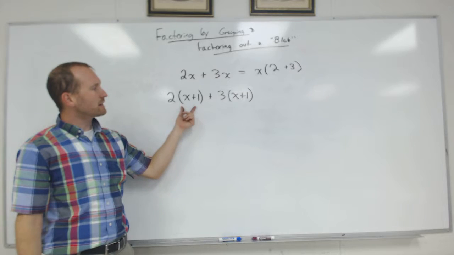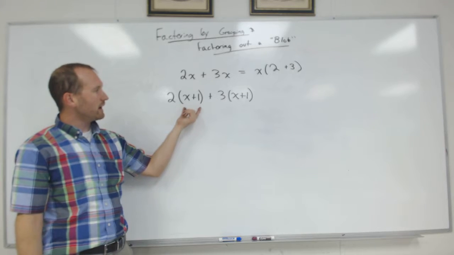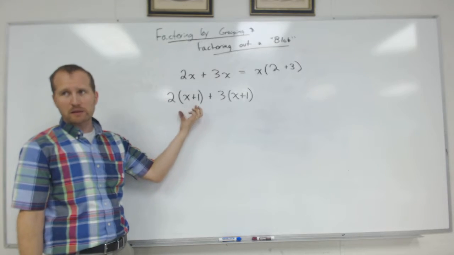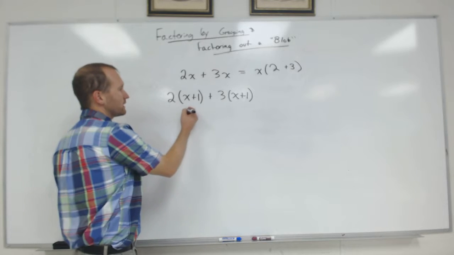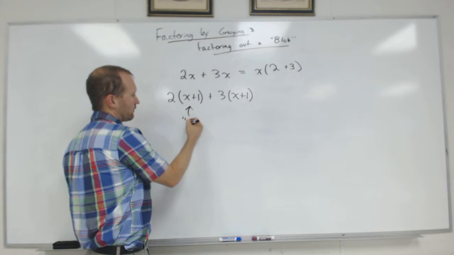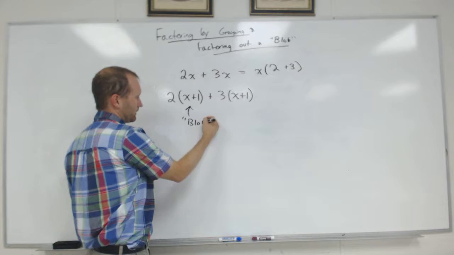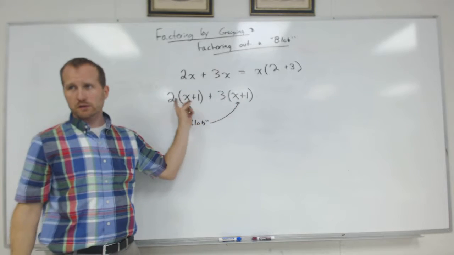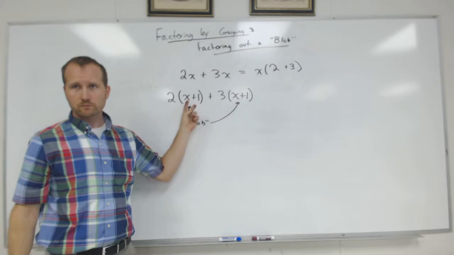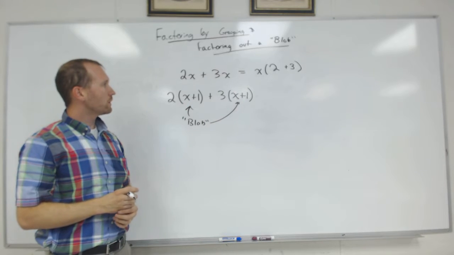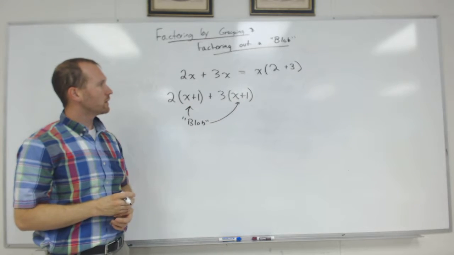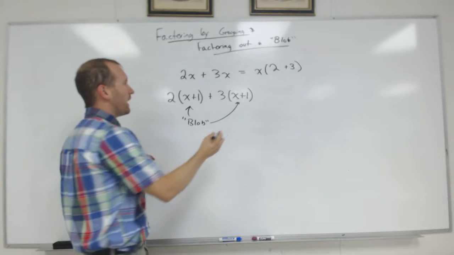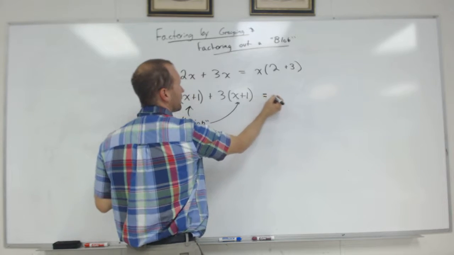So this is really the exact same thing, except instead of x, I've got x plus 1. I've got a blob. So we call this a blob. But I have the same blob in both terms, right? And so I can factor out that entire blob.